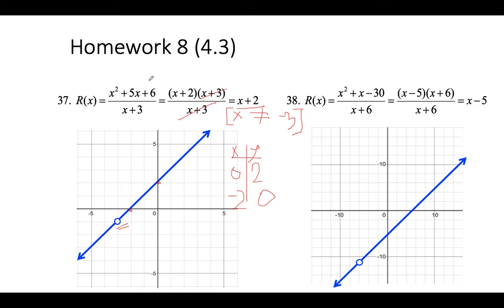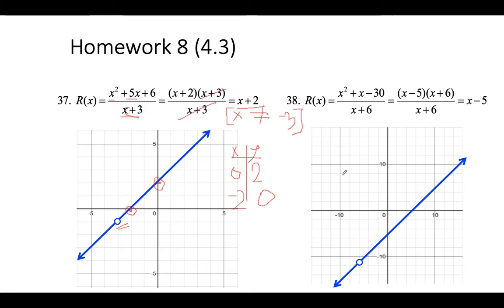And the y-intercept: if you put 0 everywhere, only x value 0, then 6 divided by 3 means 2. This is the y-intercept, this is the x-intercept. So this is how we get them. This is the graph actually. So the final graph is like this, okay?